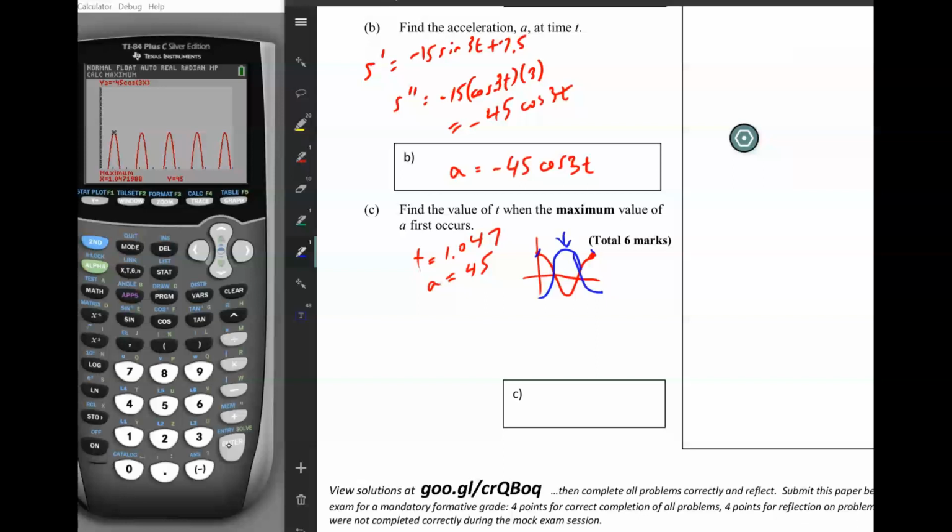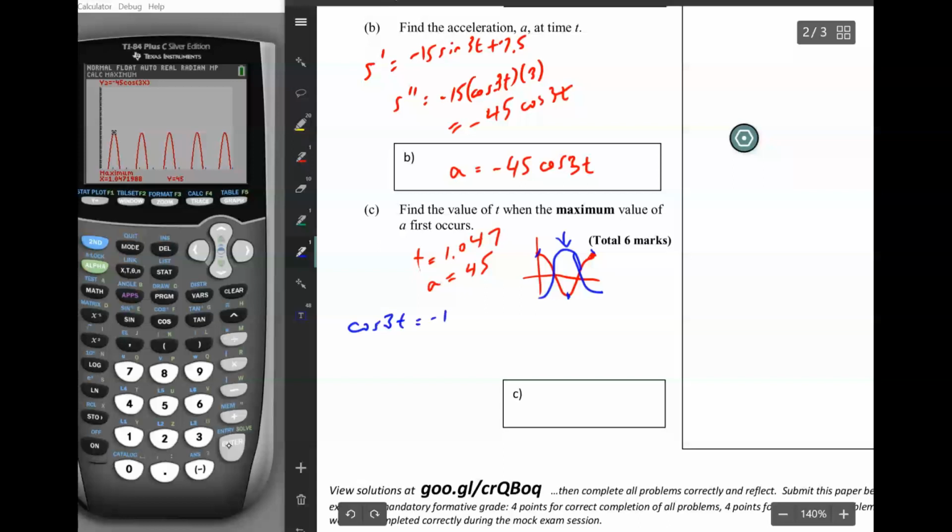And where is here? Well, it's when the red cosine function has a value of negative 1. The parent function has a value of negative 1 right there, right? So when does cosine 3t have a value of negative 1?